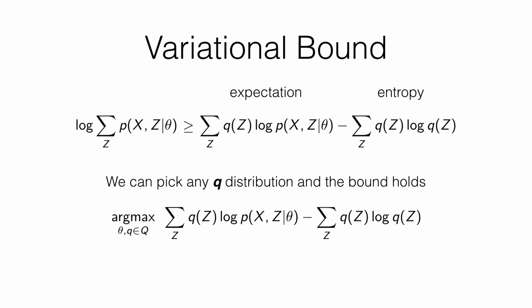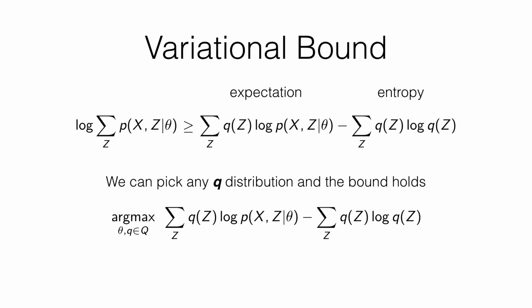The way it's written on the page, q could be anything, and it's actually a huge space of possible distributions, because we're talking about distributions over all the possible joint states of capital Z. If you have n data points and the z's represent cluster memberships, and there are k possible clusters, then there are n times k variables, and on a rough estimate, I think you have k to the n possible valid joint states. That's a huge state space.